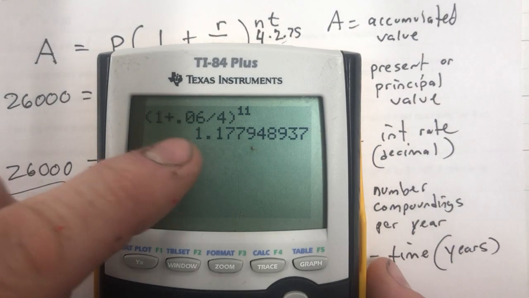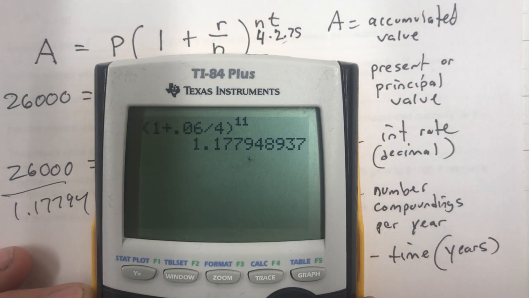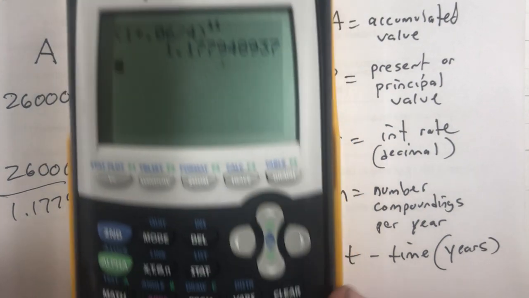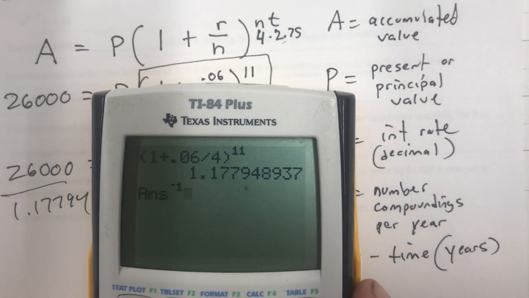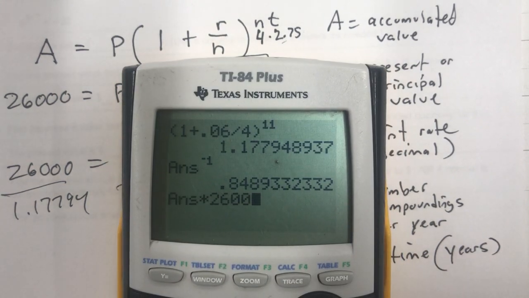Now since I've got that on the calculator already, I'm just going to do this. Let's see here, I'm looking for this button right here, x to the negative 1. I'm going to hit that, which flips this thing and divides. I'm going to times it by 26,000.